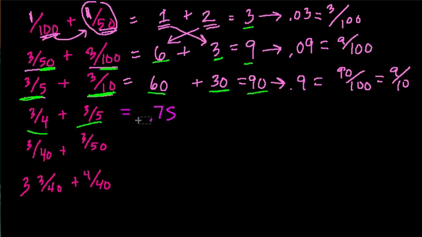So 3/4 is 3/4 of a dollar, or 75 cents, plus 3/5, which we said here is 60 cents. So 75 and 60 is like 135, or $1.35, which I can write as 1 and 35 out of 100.